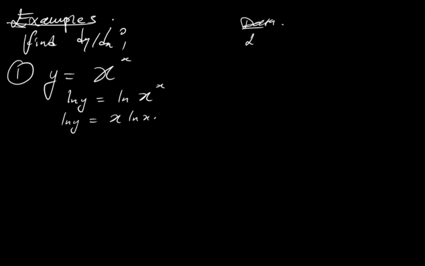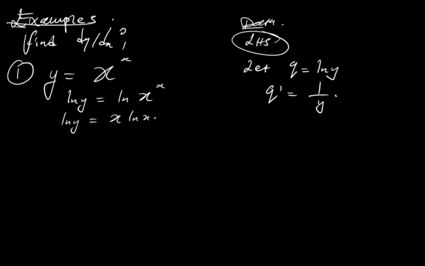I'll start with the left-hand side because it's simple to differentiate. Let the left-hand side be called q, equal to ln y. Then all I have to do is differentiate q. Whenever you have ln of something, it's always 1 over something times the derivative of that something.